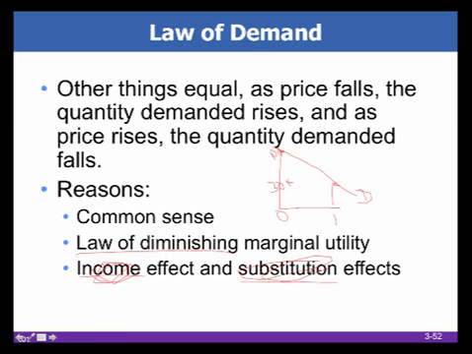So I might think that Coke and Pepsi are exactly the same, but I generally prefer Coke when they're the same price. However, when the price of Coke rises, now all of a sudden Pepsi, which didn't look like as good of an idea when they were the same price, starts to look like a much better idea. And that is the substitution effect. So as the price goes up, quantity demanded will fall.